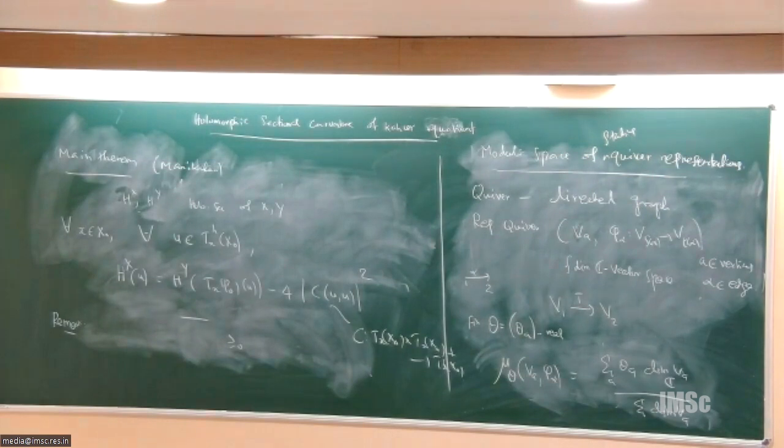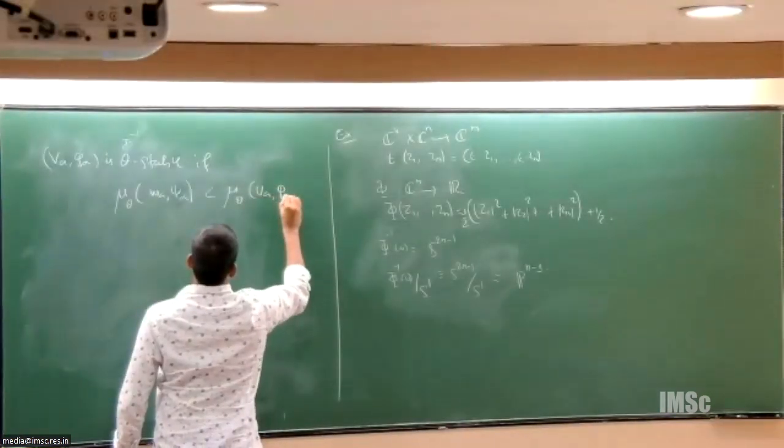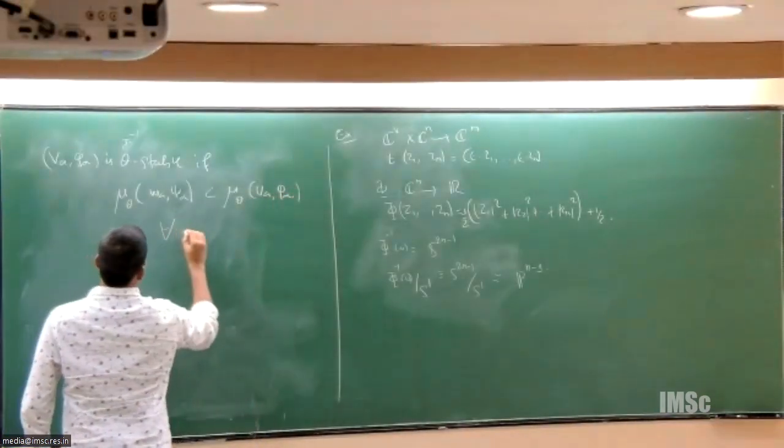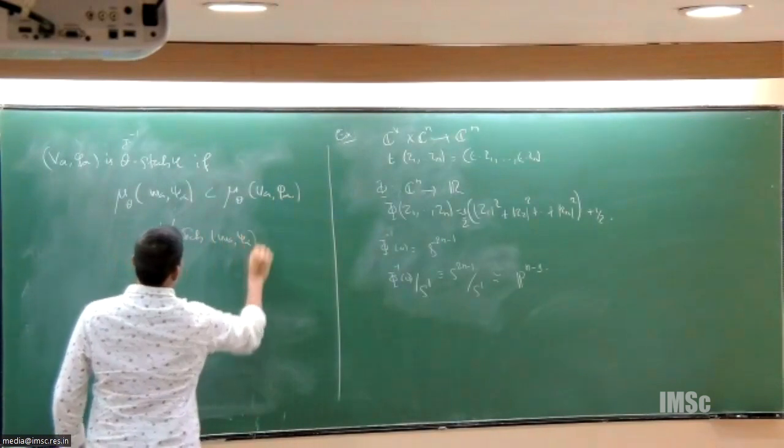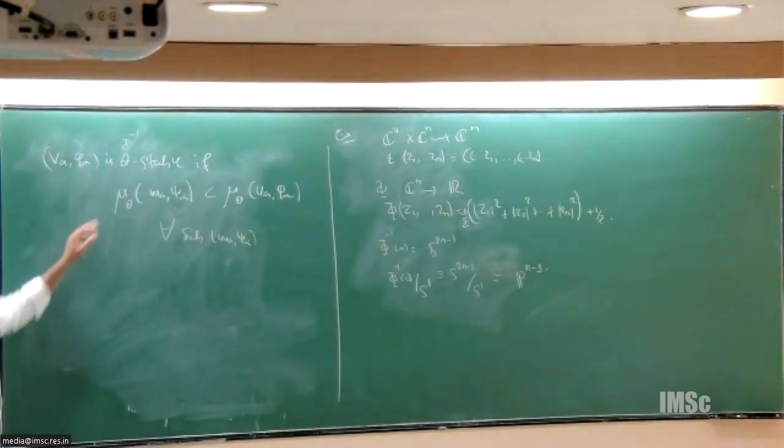A representation is called theta stable if for every sub-representation W, the slope of W is strictly less than the slope of V. This is the definition of stability.